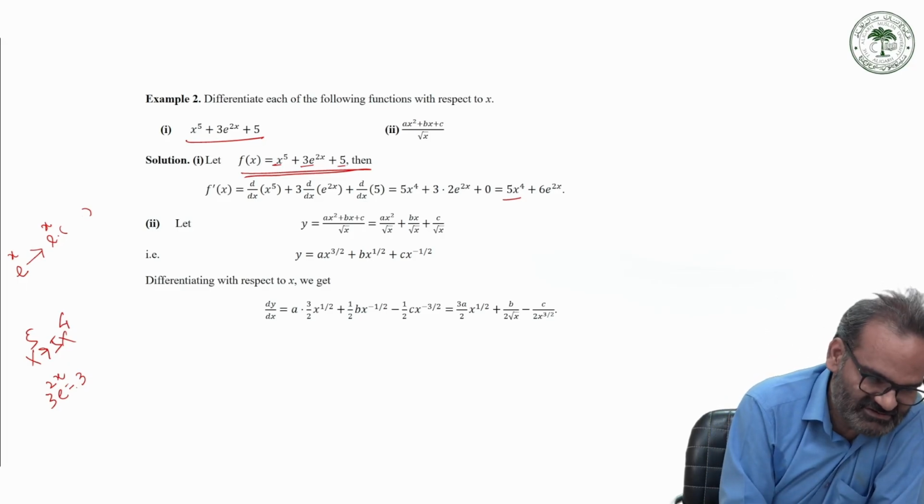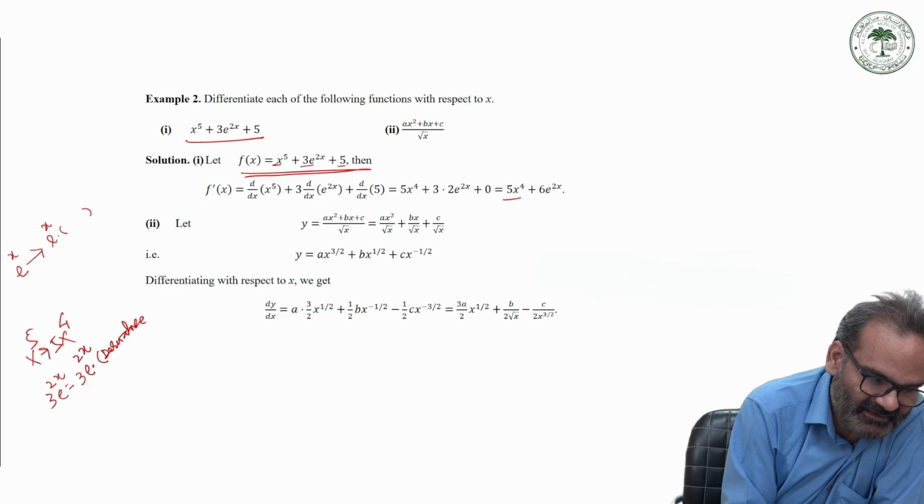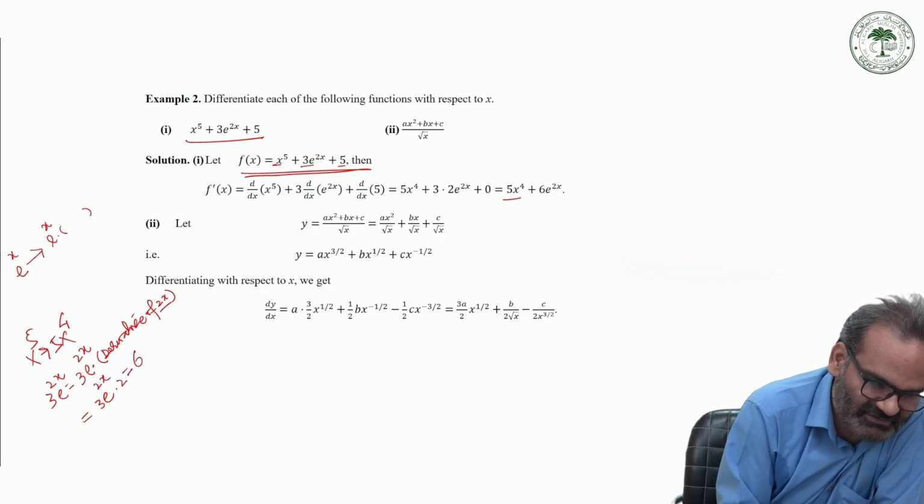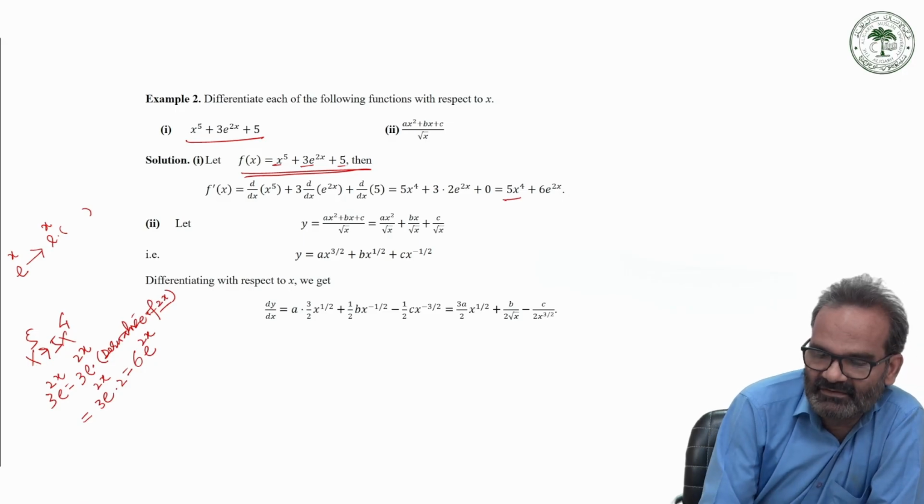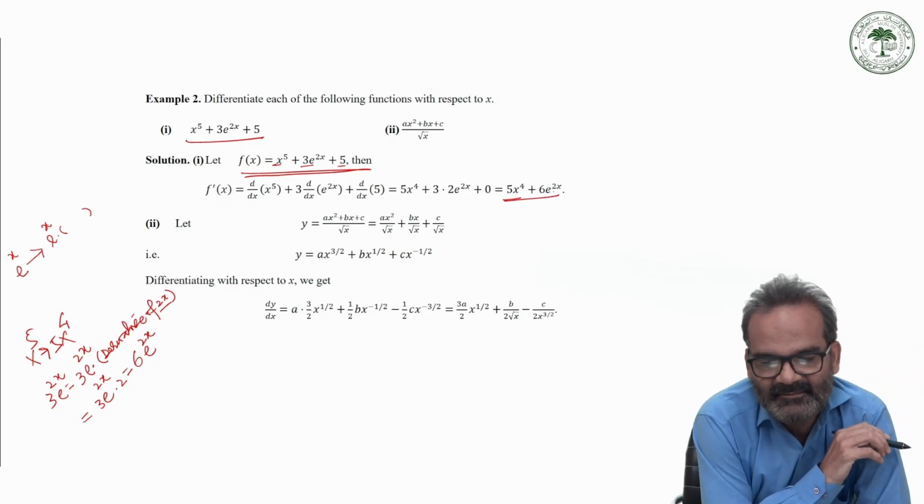So what we will use? This 3 will remain as it is, e power 2x into derivative of 2x. Now what you will get? 3e power 2x into derivative of 2x, which is 2. So 3 into 2, 6 e power 2x, right? So this is what we will get here.